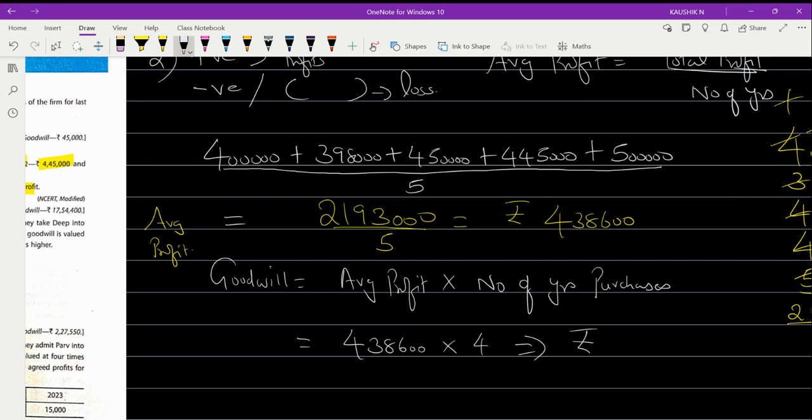So I'm getting 1 lakh, sorry, 70 lakhs 54,400. Tell me, do it once again. Tell me what's the value?